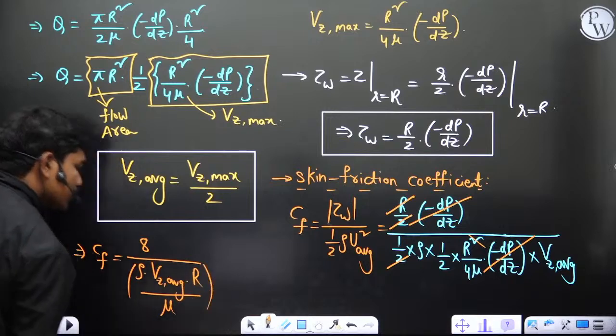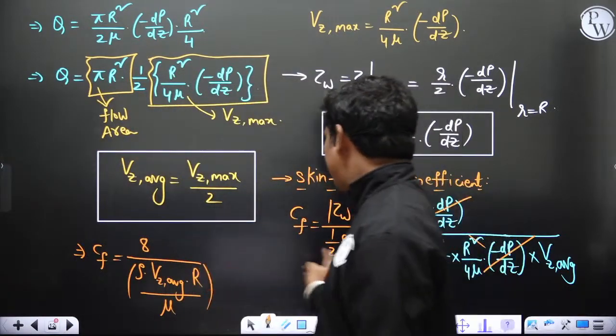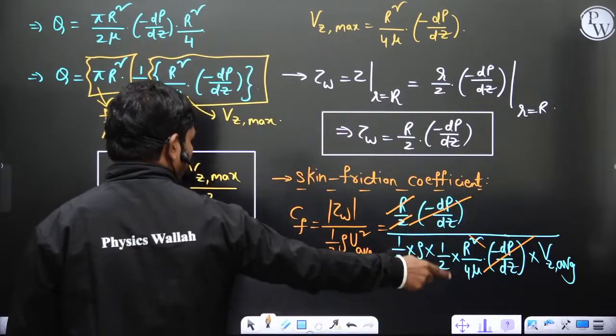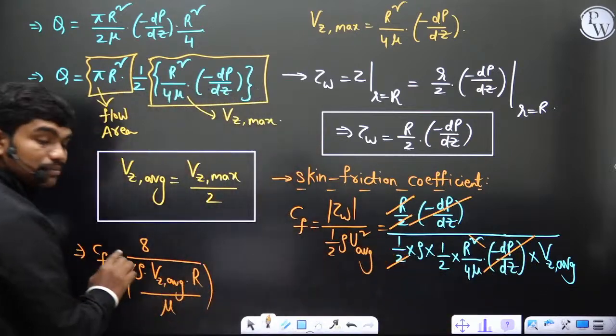This is what you have, correct? Yes or no? So type in the chat box, is that the expression you have? Because this 2 and 4 go to the top, definitely rho R Vz average is what you have, divided by mu. Okay?